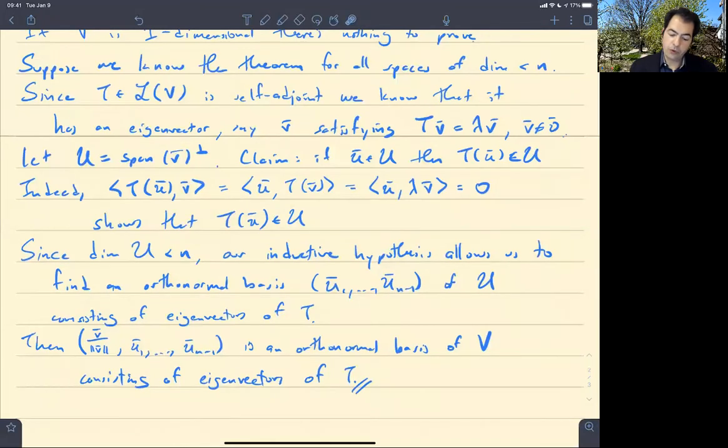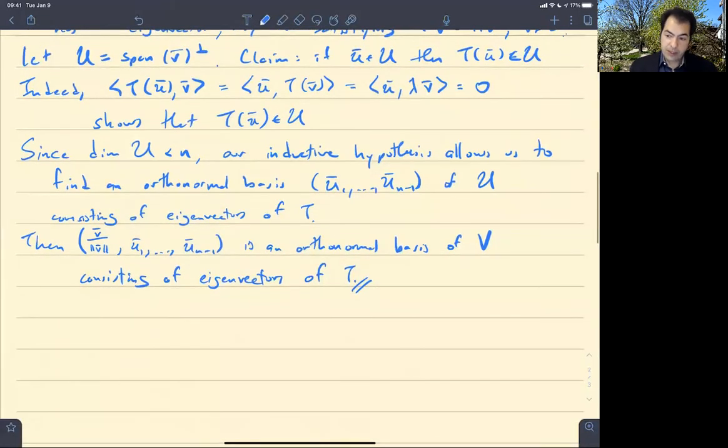So we only used self-adjointness to establish this claim. And then as part of our inductive hypothesis, we used that T restricted to U is also a self-adjoint map. Okay, great. So that proves the spectral theorem.